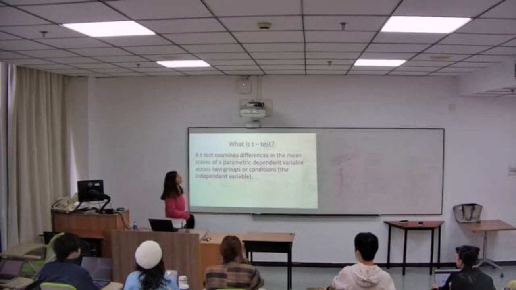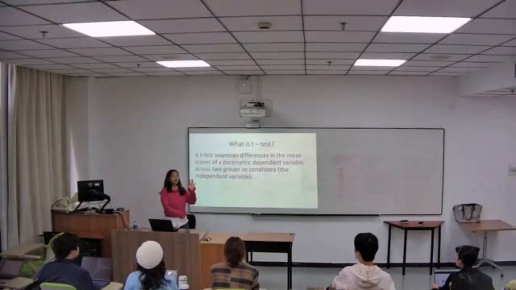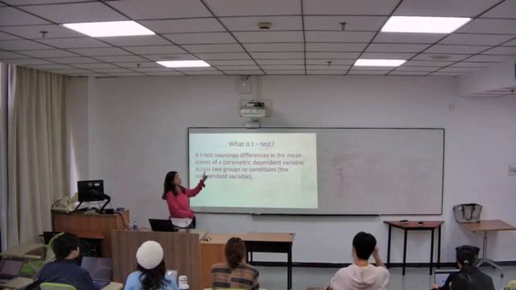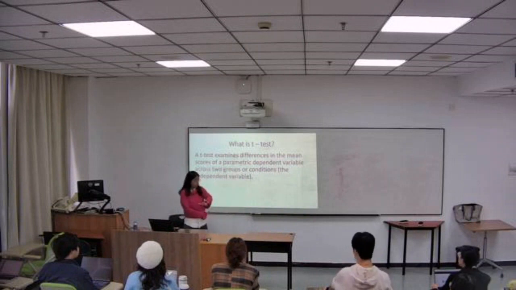A t-test examines the differences in the mean. Take your time and digest it slowly. A t-test examines the difference in the means, of course, parametric. Hold on, don't worry about that.